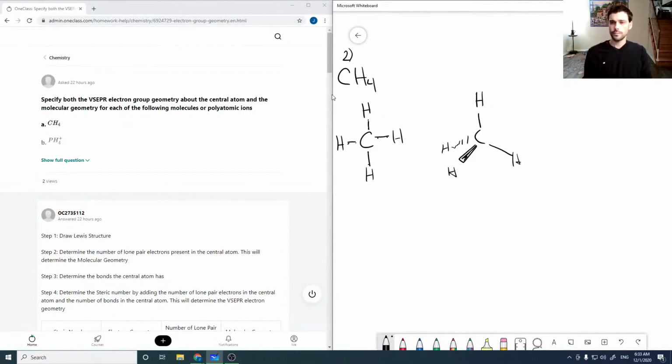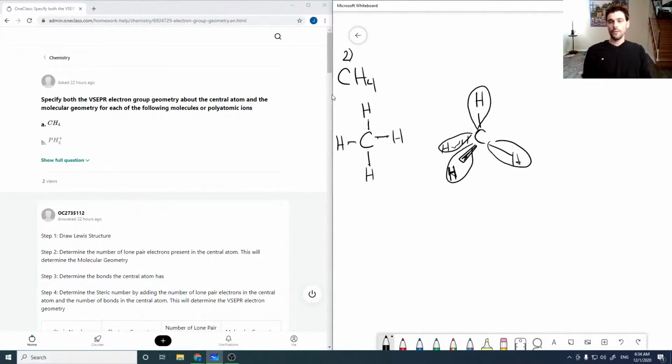These filled-in wedges I'm using to show that it's coming out of the page. The dash I'm using to show that it's into the page. And so our electron geometry is tetrahedral, and our molecular geometry is also tetrahedral, right?